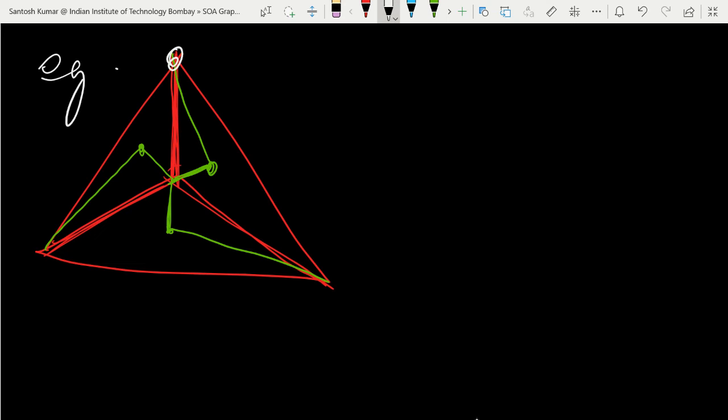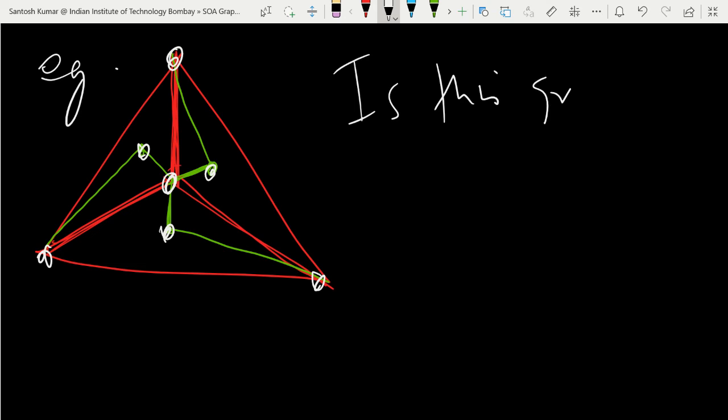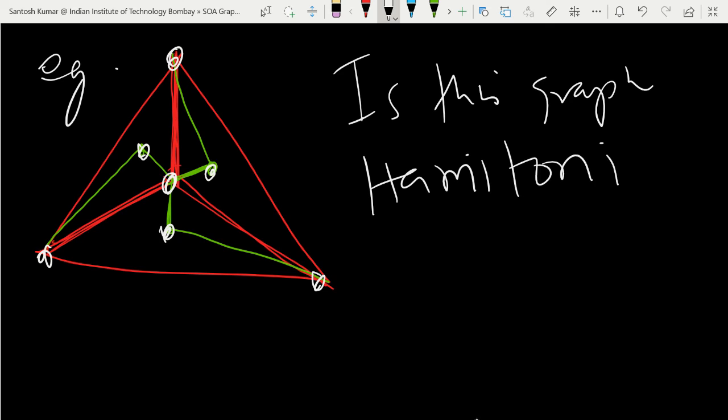How many vertices does it have? 1, 2, 3, 4, 5, 6, 7. The question is, is this graph Hamiltonian? How will you decide? Would you like to try by Hamiltonian cycle? You can do that, but I want to use the result.